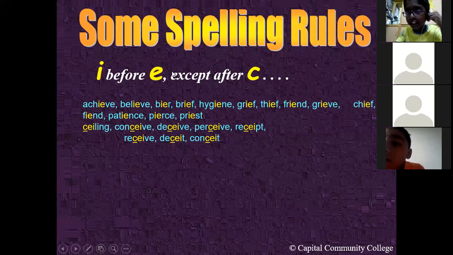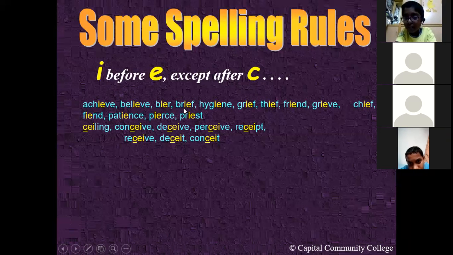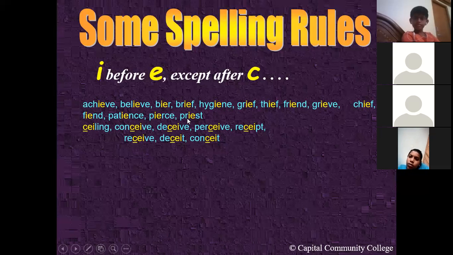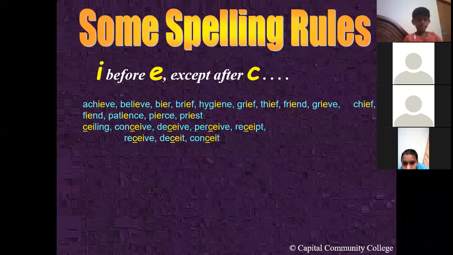So E, then I. So for example, achieve, I before E. Believe, I before E. Brief, I before E. Hygiene, I before E. Like that. If you observe all the first set, from achieve to priest, I has been placed before the letter E.